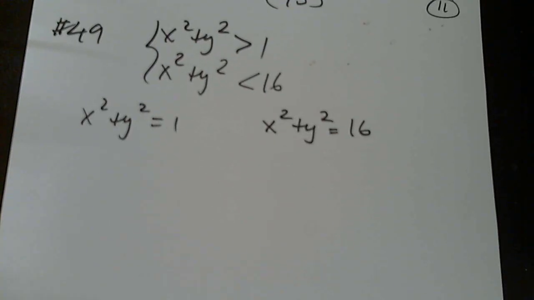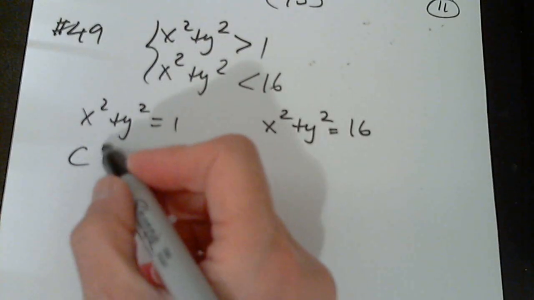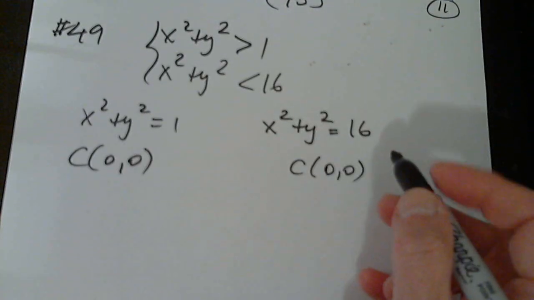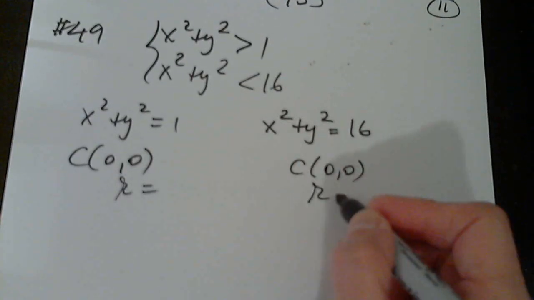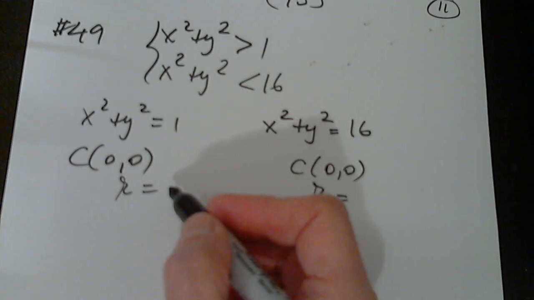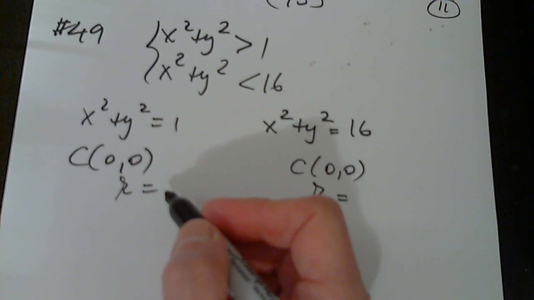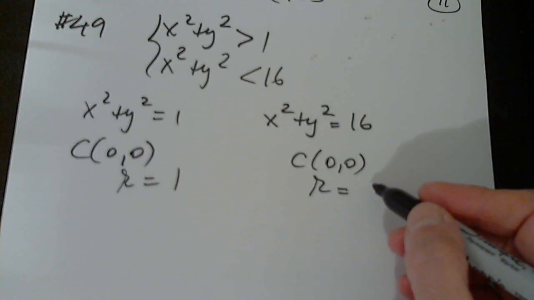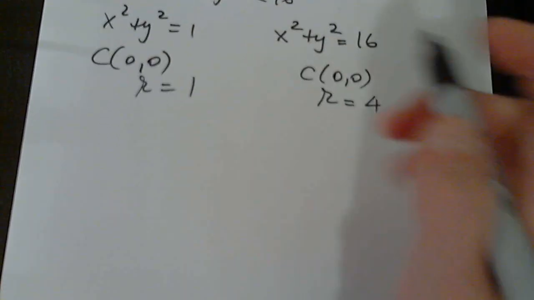Are these circles? Yes, with the center at the origin because there is nothing subtracted from x and y. And what is the radius in the first and what is the radius in the second? 1. Yes, perfect. And then the other one? 4. That's it. Awesome.